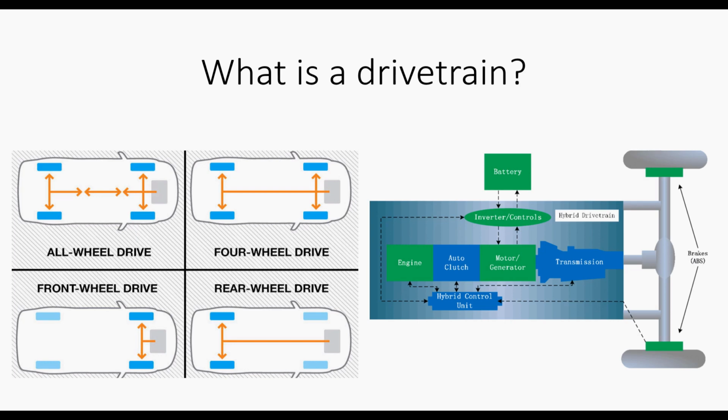In a traditional gas vehicle, the only way this happens is through internal combustion that generates mechanical energy that's transferred through the camshaft and through the flywheel and then into the transmission through the transmission gears, and then the transmission gears put that power into the drivetrain to rotate the wheels.